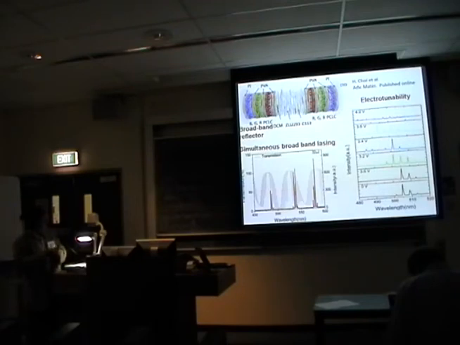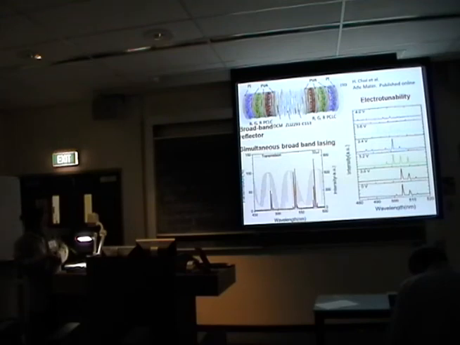To confirm this, we used a wideband reflector using blue, green, and red chiral liquid crystals, and the dye-containing nematic liquid crystal was sandwiched by the broadband chiral liquid crystal like this. Then the modulation by the nematic occurs like this, and at the transmittance maximum region, the lasing occurs like this.